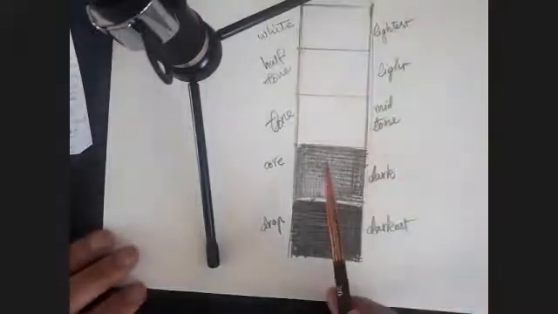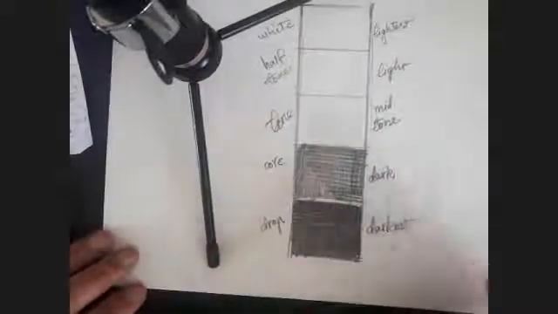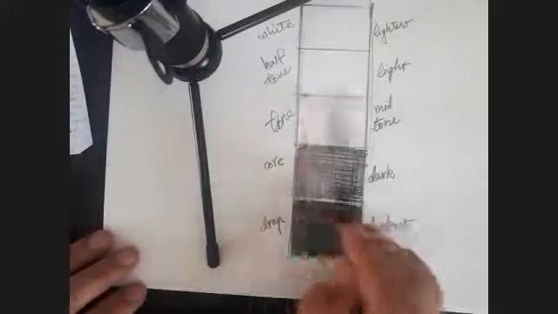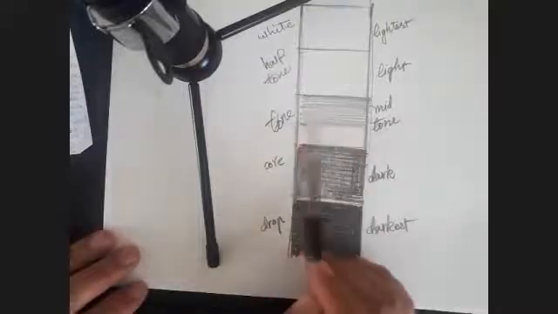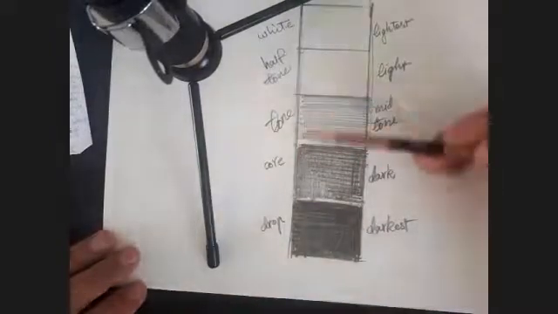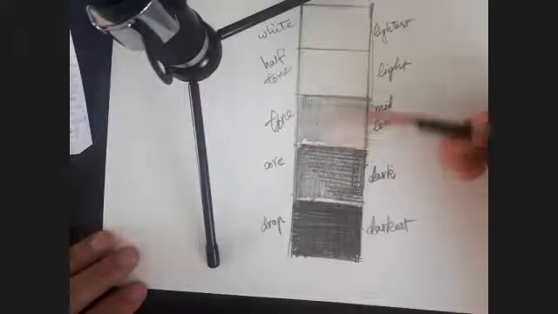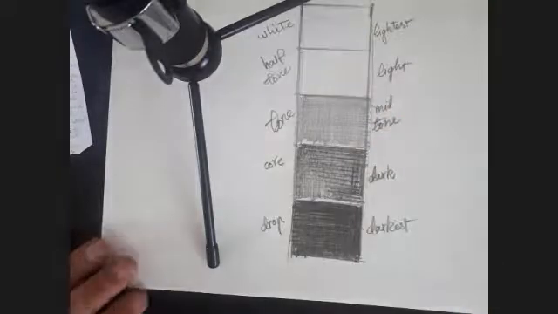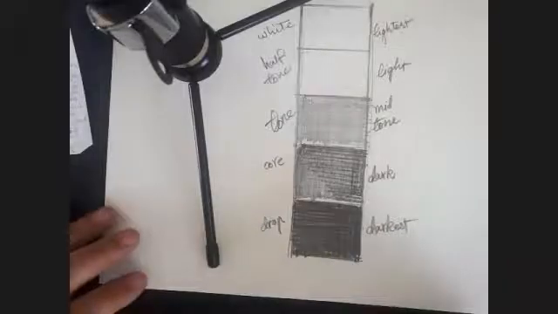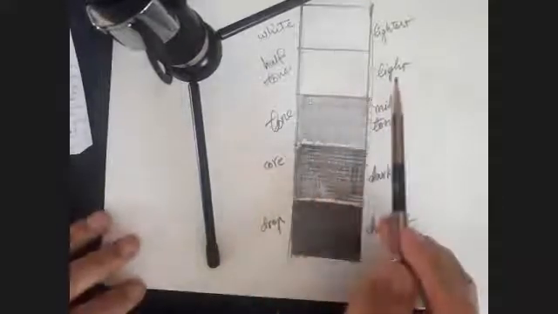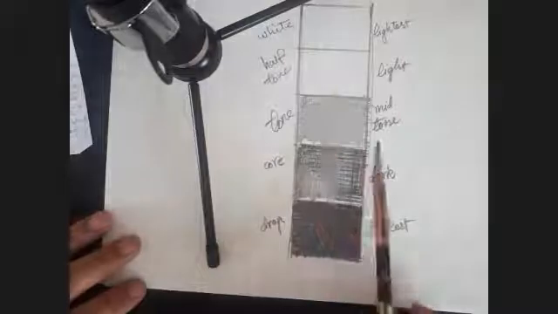Mid-tone means it is lighter than the dark part. So let's make it lighter. This time, just make those strokes lighter. You don't need to be very clean at the edge because this is merely to show you what 5 values are. Okay, so the last one, the light one, it is even lighter than the mid-tone.